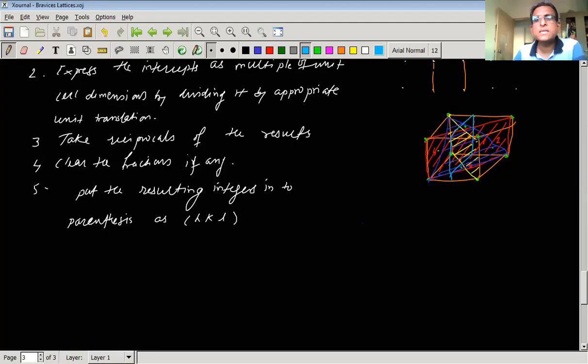We will take one example, and side by side we will calculate the Miller indices of the plane.